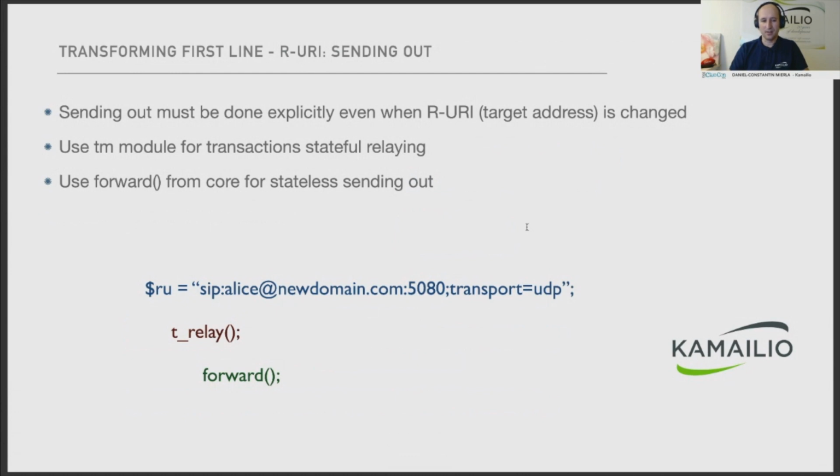So don't forget this one. With some applications, typically at the end of running the configuration file, if the target is no longer the local system, they will send out the traffic. With Kamailio, everything has to be explicit in terms of routing SIP requests.